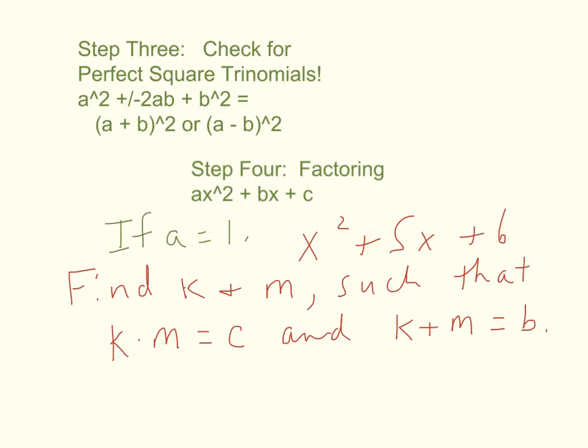Now you can list the factors in order to see this a little bit better. 6 has the factors of 1 and 6, or 2 and 3. Okay, so between those pairs, there are no other factors of 6. It's pretty obvious which 2 add to 5. Okay, and so we're going to be using the 2 and the 3.